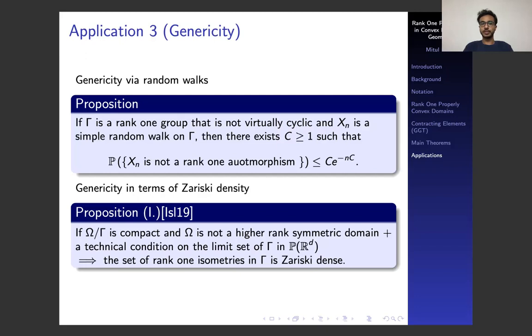We also have genericity in terms of Zariski density, where we show that if omega mod gamma is compact and omega is not a higher rank symmetric domain, and we also have a technical condition on the limit set of gamma in the projective space, then the set of rank 1 isometries in gamma is Zariski dense.